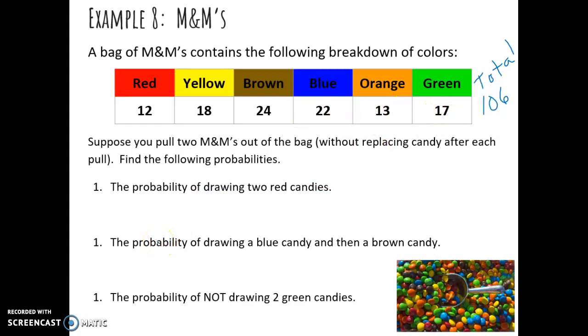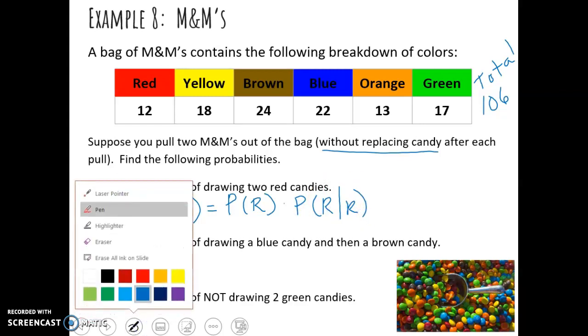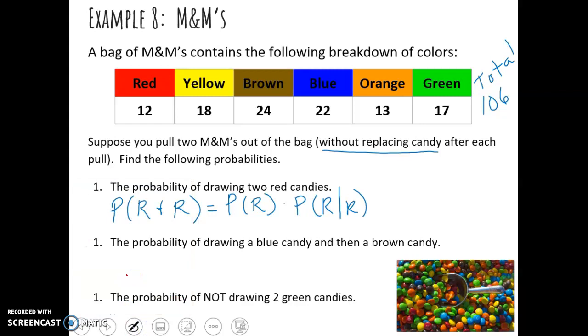All right, so what is the probability of drawing 2 reds? So that's the probability that the first one's red and the second one's red. Now, this was without replacing a candy after each pull. So you're going to find the probability that the first one's red and multiply it times the probability that the second one's red, given that the first one was also red. So red is 12. Let me fix that.